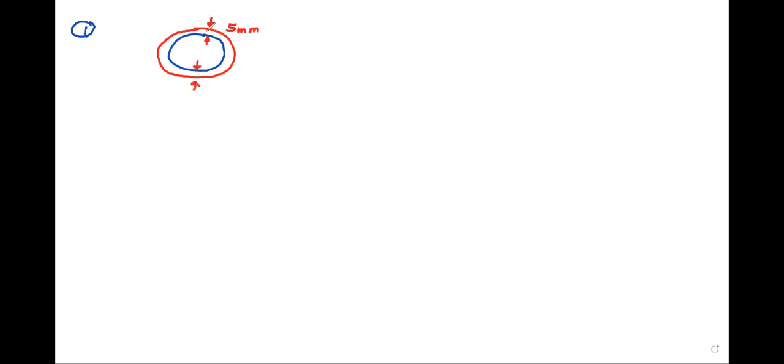So, if both are 5 mm, and the steel bar has a diameter equal to 50 mm, we can say that the total diameter is equal to 60 mm, which is 50 plus 5 plus 5.